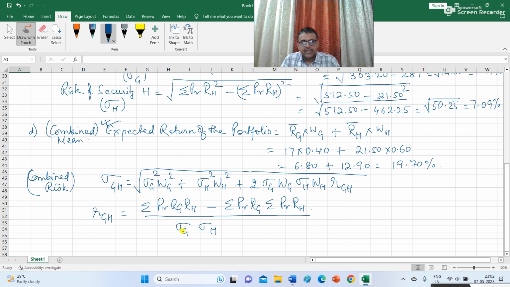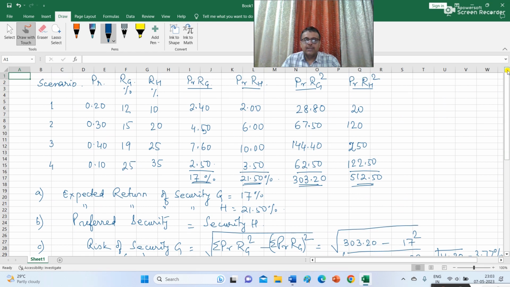We have already calculated sigma G at 3.77. Sigma H is 7.09. PR into RG we have calculated at 17%. PR into RH we have calculated at 21.5%. So the factor PR multiplied with RG and RH you need to calculate. Again in this table I am calculating it. You just multiply the first three items. 0.2 multiply with 12 and then with 10.